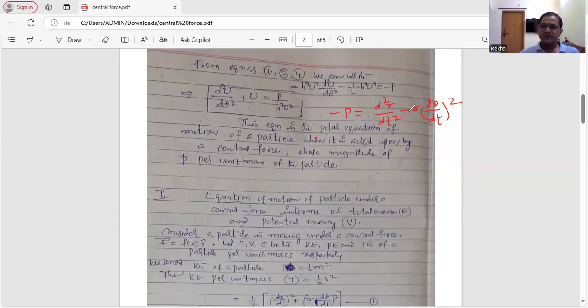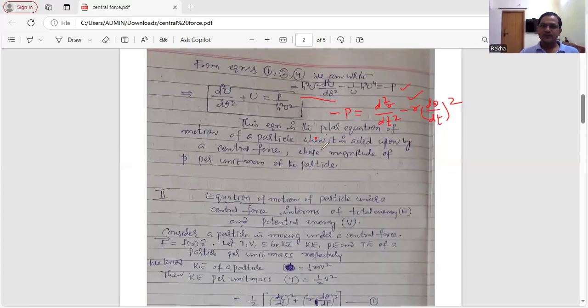Substituting these values in this equation, d square r by dt square equals minus h square u square d square u by d theta square, minus r, which is 1 by u, times (d theta by dt) whole square, which is h square u power 4, equal to minus p.